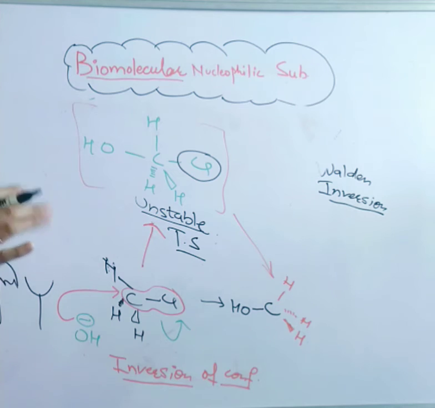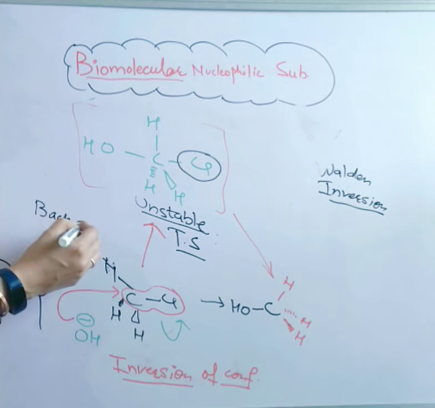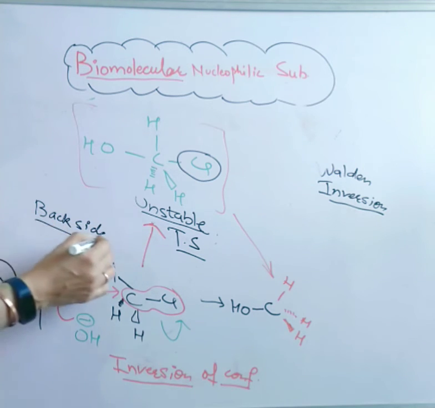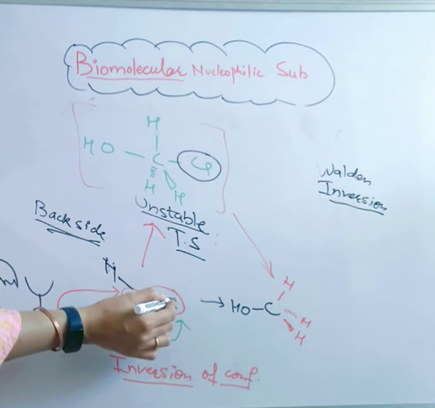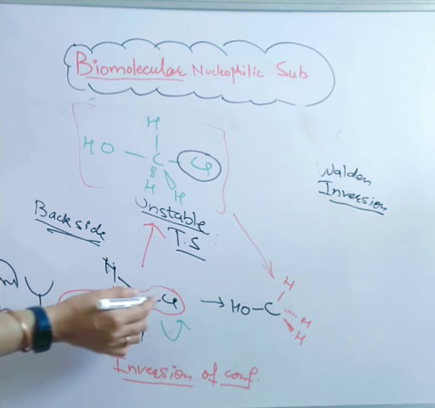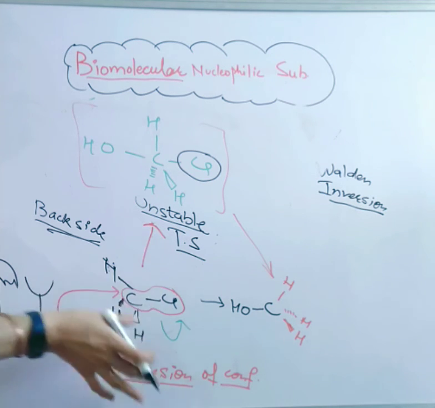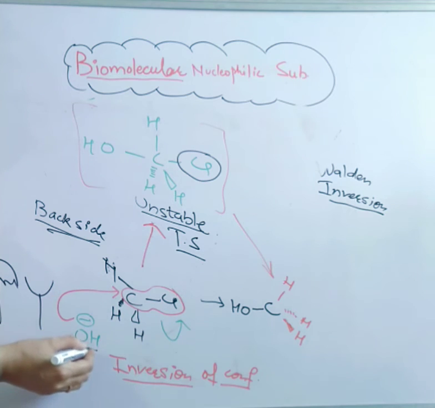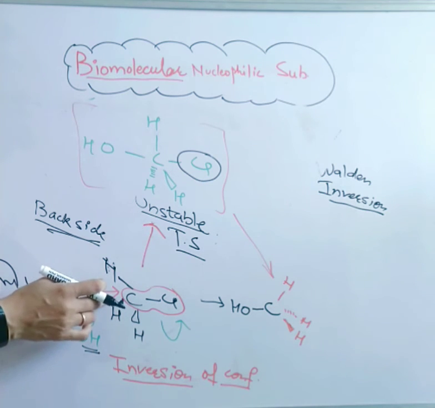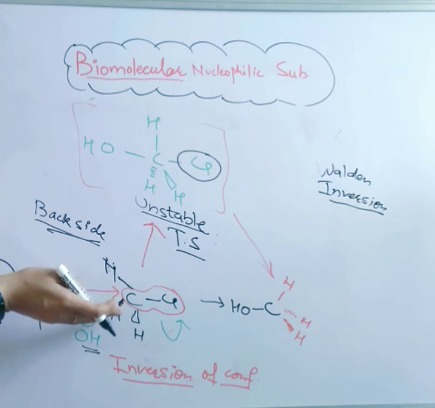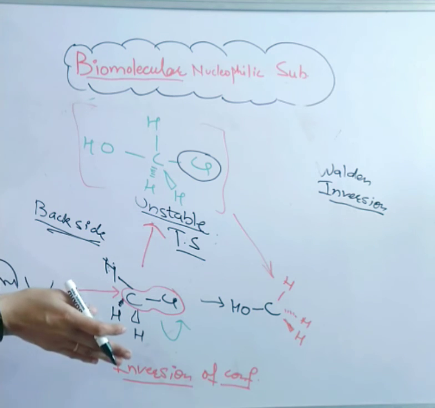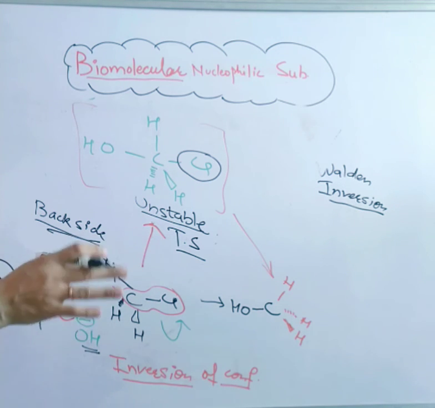And one more thing is there, the attack of OH negative is taking place from the backside. A heavier atom is there, chloride. Attack can't be possible from this side due to steric hindrance. So the attack of OH is from the back side, where there is no steric hindrance. One hydrogen is above the plane, one hydrogen is below the plane, one hydrogen is in the plane.